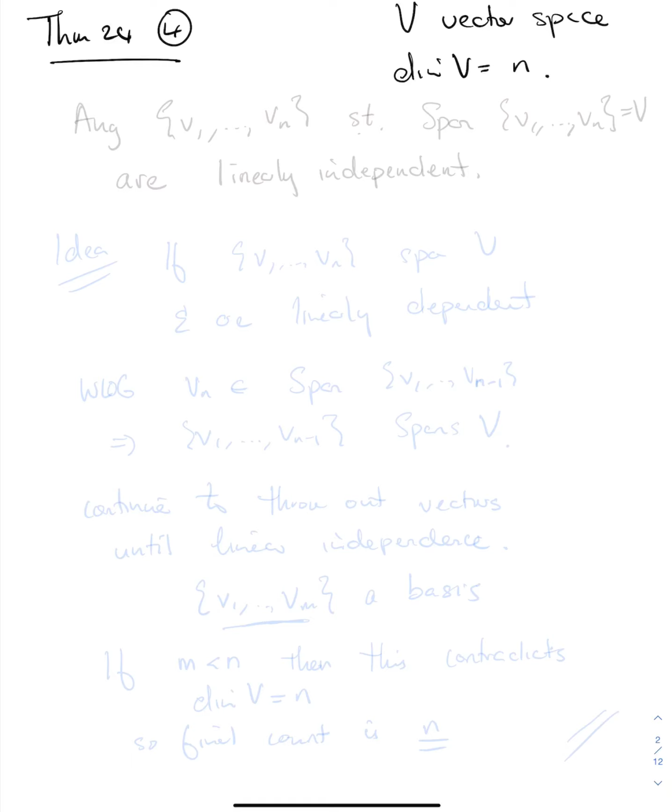Theorem 24, part 4 says that any vectors v1 through vn such that the span of v1 through vn is our vector space V, any such set of vectors are linearly independent.